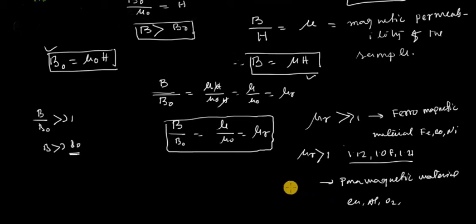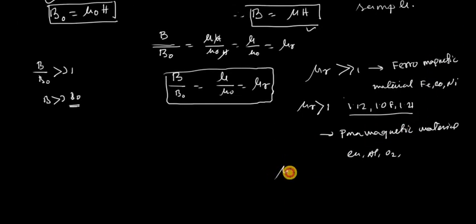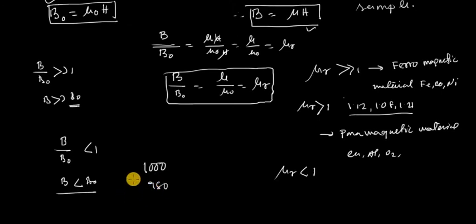You have to understand another type of material for which mu r is less than 1. Less than 1 means B by B0 is less than 1, that means B is less than B0. Suppose in a particular region the lines of force in air medium is 1000, but in presence of the sample your lines of force now become 980. So what would be the ratio?